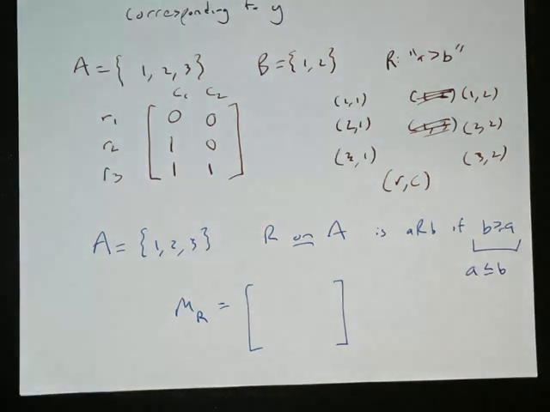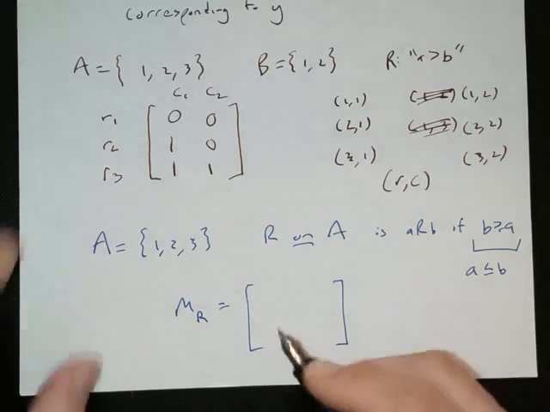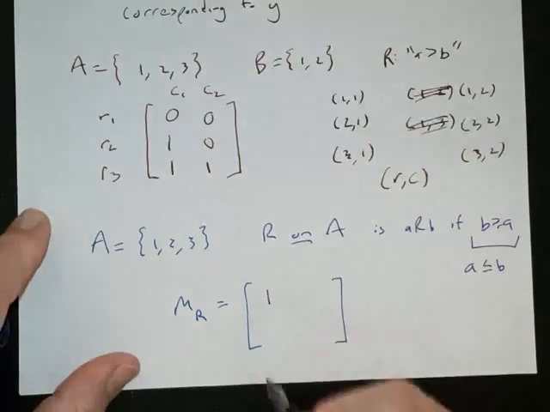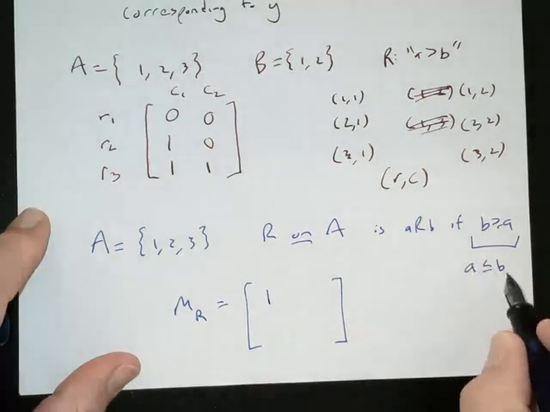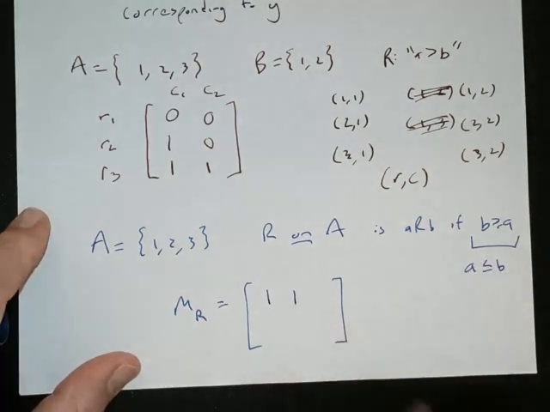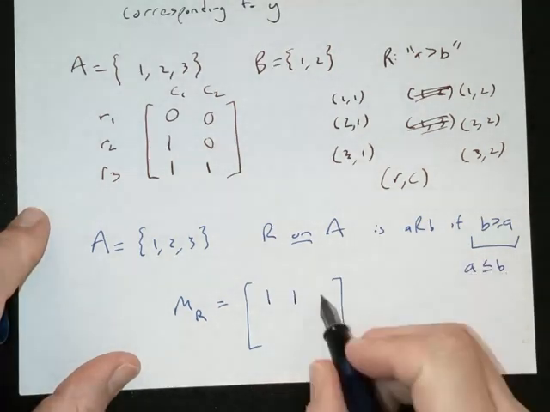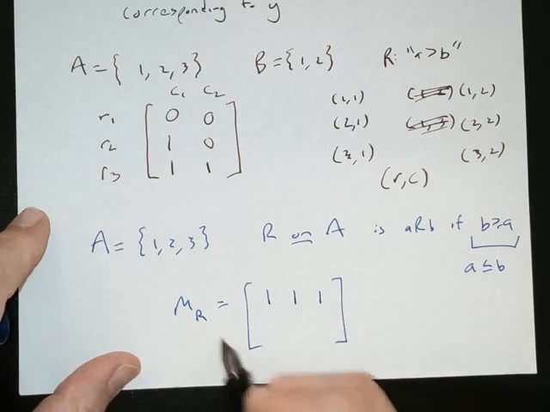I wrote it B bigger than or equal to A, but that's the same as writing A less than or equal to B. So the row number needs to be less than or equal to the column number. Row 1, column 1, yes. Row 1, column 2, yes. Row 1, column 3, yes.